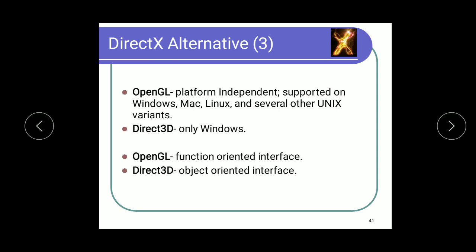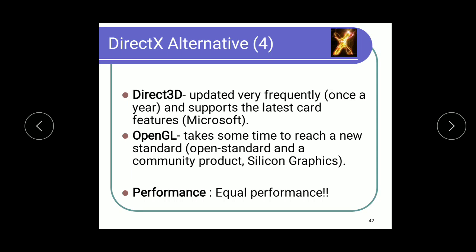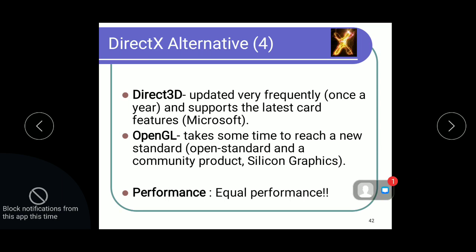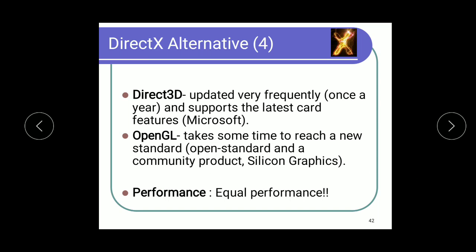Direct3D is updated very frequently and supports the latest card features, that is Microsoft, whereas OpenGL takes time to reach new standards, and it has an open standard and is a community product, Silicon Graphics. Performance is equal, since Direct3D and OpenGL are alternatives.